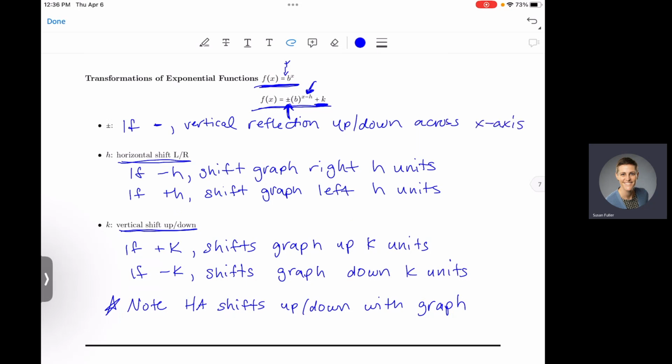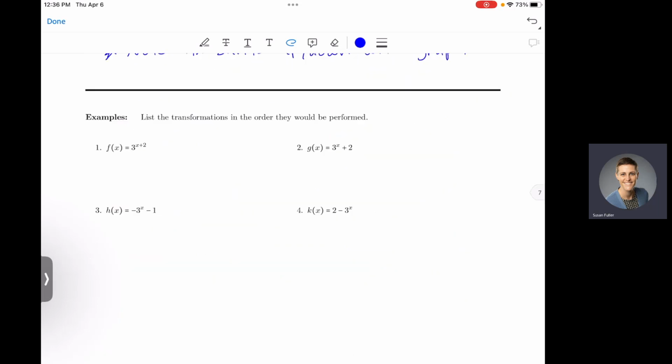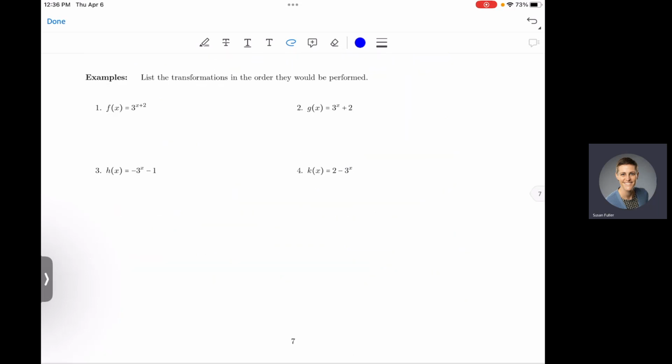So if you're above the x-axis, it's going to flip upside down and go below the x-axis. If it's below the x-axis, it's going to flip upside down to be above the x-axis. Okay, so this is going to be consistent with what we already know about transformations.